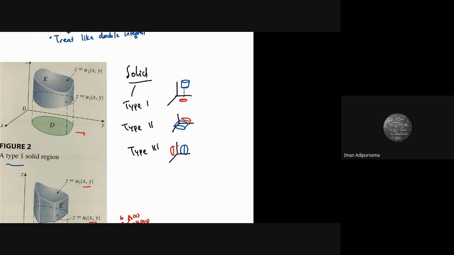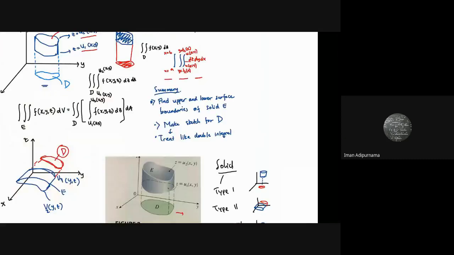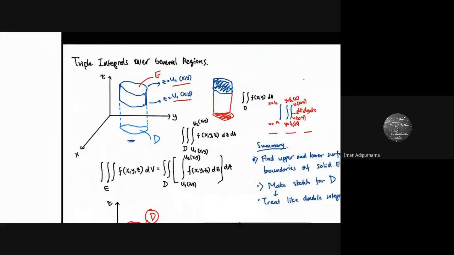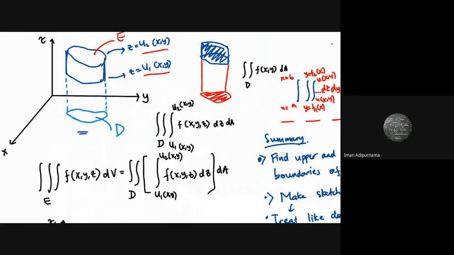But it doesn't really matter if you don't know which type you are on, like what is type 1, what is type 2, what is type 3. It's not important. The important thing is when you have the exact information of the functions, you know how to put the functions. Okay? That's the most important.